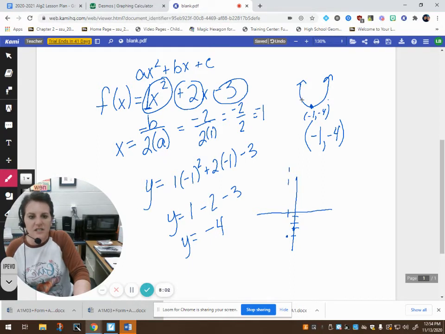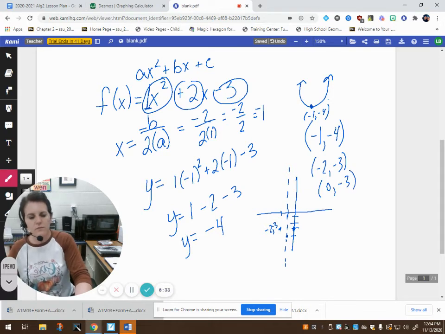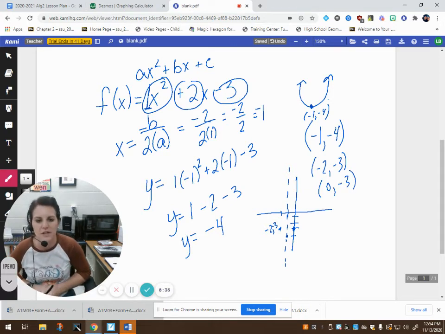The axis of symmetry goes through that vertex. So what that tells me is I can take this point and I can reflect it across. So I have another point now. I know this was negative 1, so this is negative 2 at negative 2, negative 3. So we have a point at negative 1, negative 4, at negative 2, negative 3, and at 0, negative 3. Those are our points that we know so far.